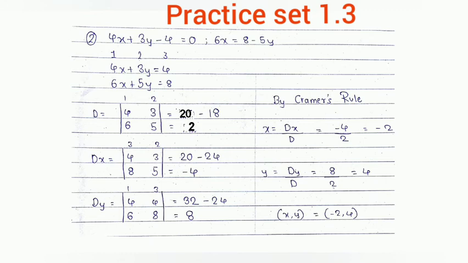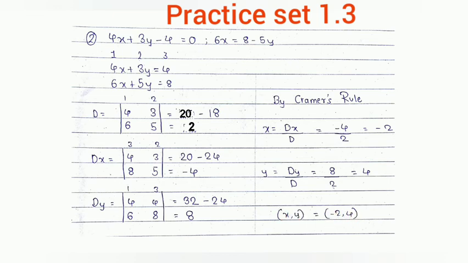Similarly Dx will get here minus 4 and Dy, that is 8. Now by applying Cramer's rule, x equal to Dx by D, which is minus 4 upon 2 equal to minus 2. Okay. So y is equal to Dy by D, that is equal to 8 by 2 equal to 4. So the solution x comma y is minus 2, 4.